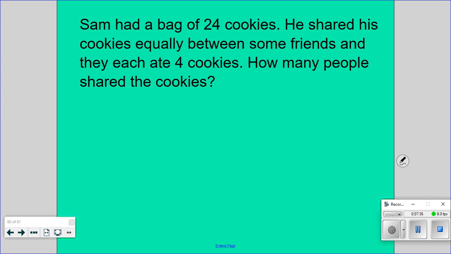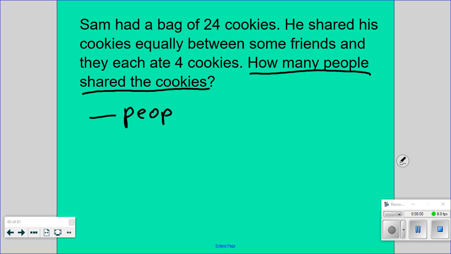Read that problem again in your head and write down the answer sentence that's going to go with that problem. I'm counting people. It doesn't tell me, Lincoln, how many people. That's literally the question. What could be my answer sentence? How could I flip that and make it a sentence? Go for it, Gwen. Blank people shared the cookies.